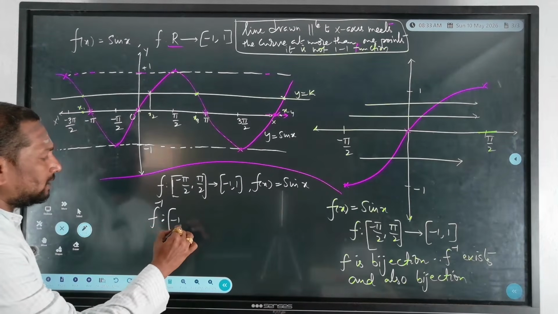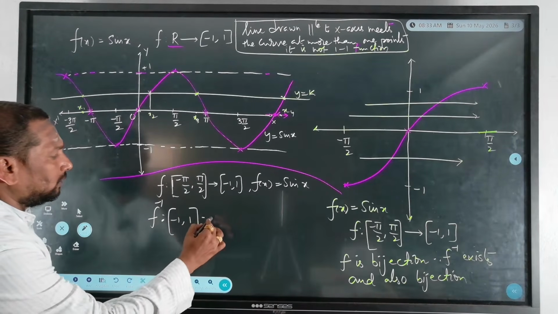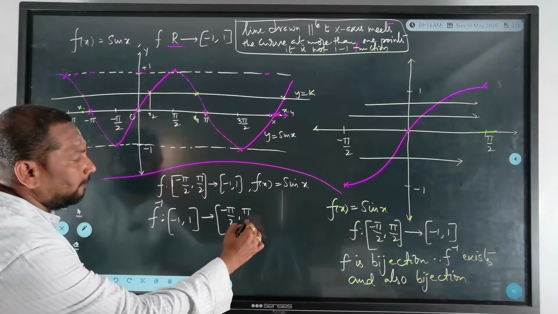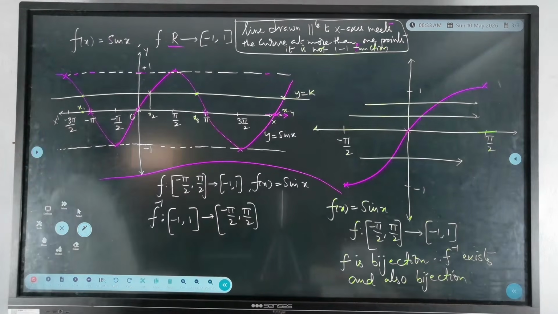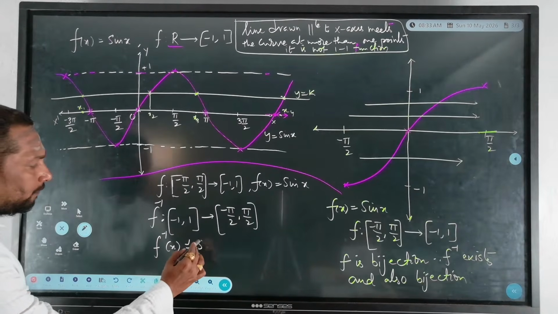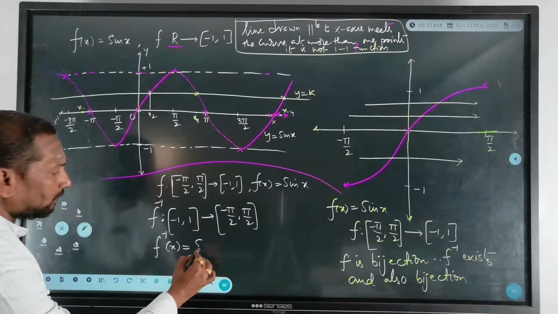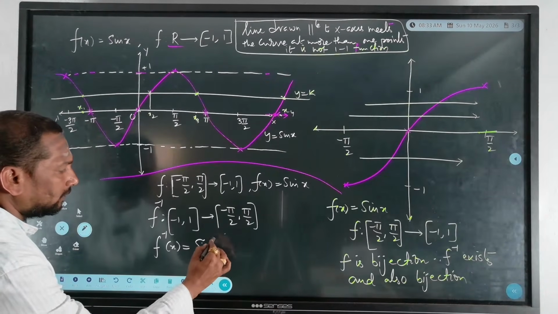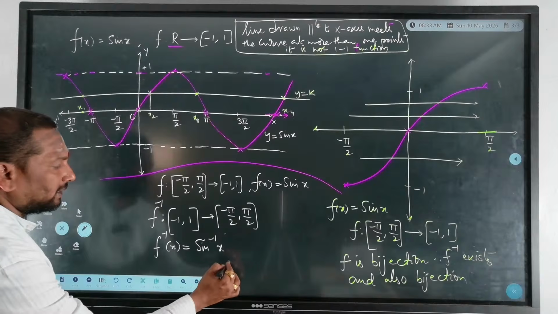So minus 1 to 1 to minus pi by 2 to pi by 2. So f inverse of x is equal to sin inverse x.